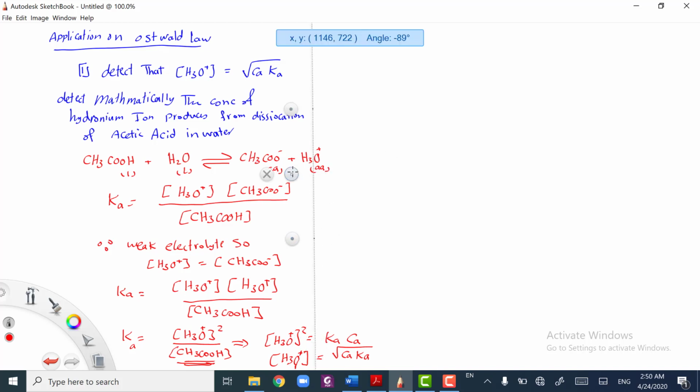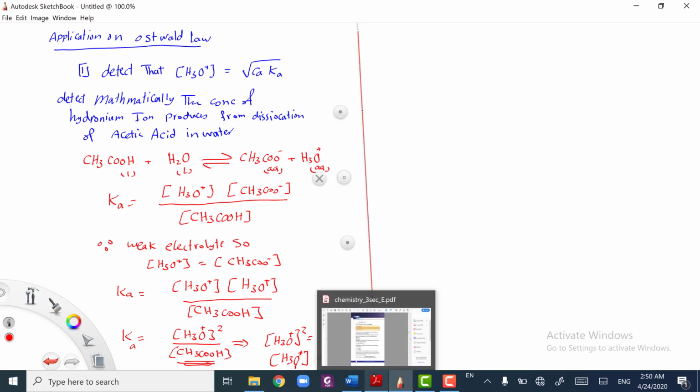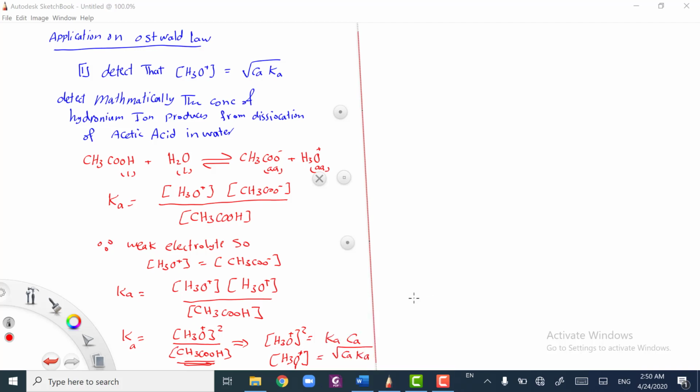The derivation for the concentration of the hydroxyl ion. This is slide number 9.